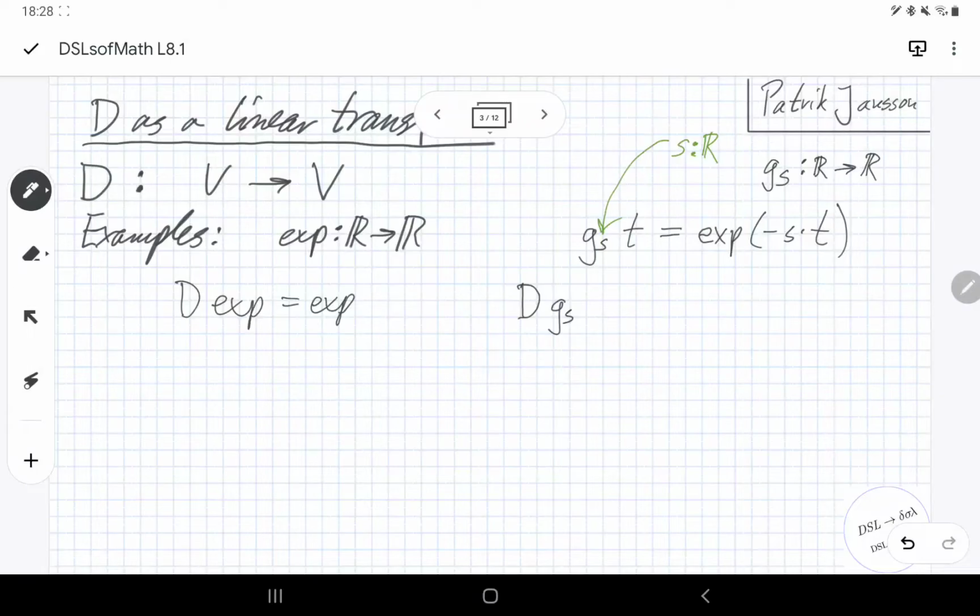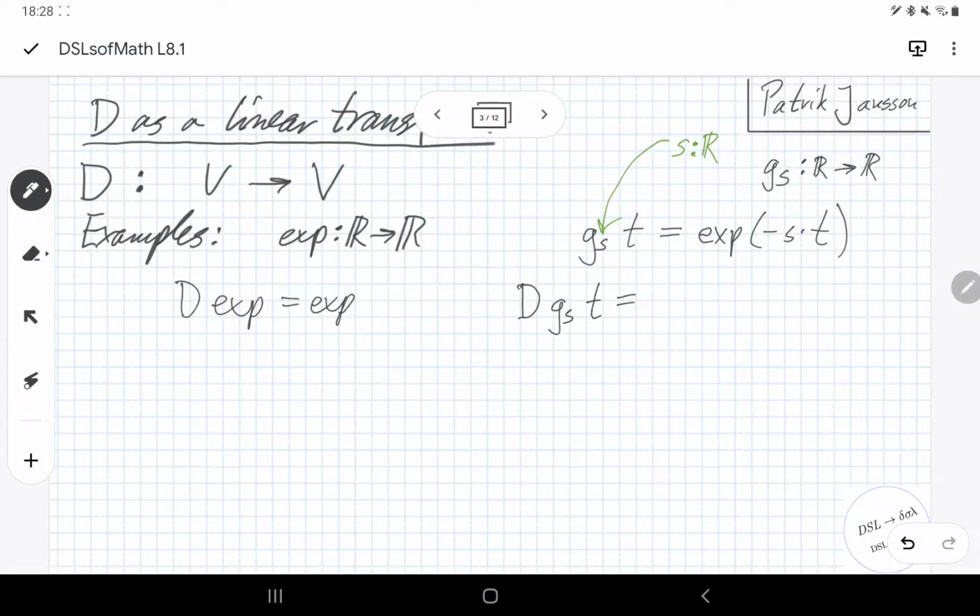Well, we should get a function, because it should get a vector out. So this function then, in turn, will take a t as an argument. And then let's see. So we should compute here the derivative of this expression with respect to t. And we know one of the rules for derivatives is, when you have a composed function of exp and an inner function, you can compute the derivative of the external one, and multiply the result by the derivative of the internal one.